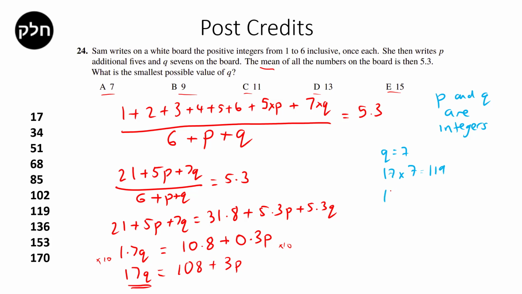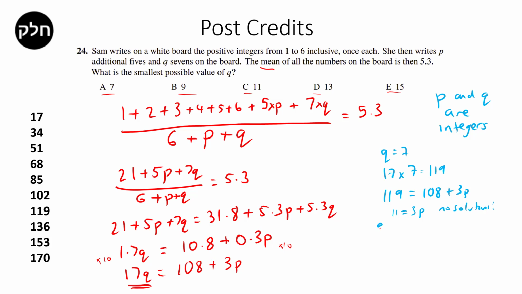Now, the question is, can 119 equal 108 plus 3 lots of something? So here we have that 11 equals 3p, which is impossible because p is an integer. 11 cannot equal 3p. There's no solutions. So it cannot be that one. Now, this feels annoying. There must be a better way of doing this. But this is what it ended up coming to.